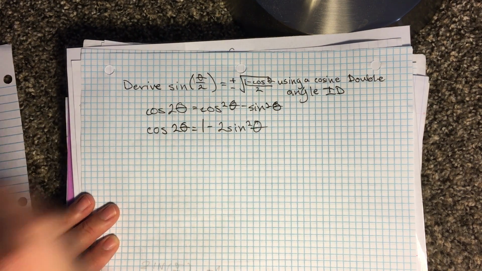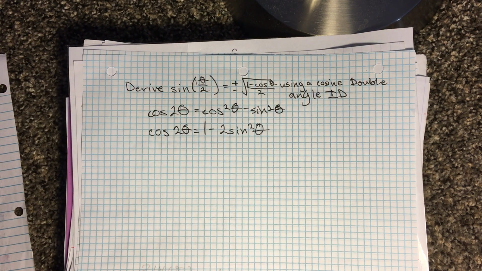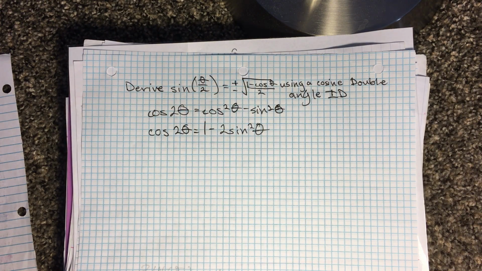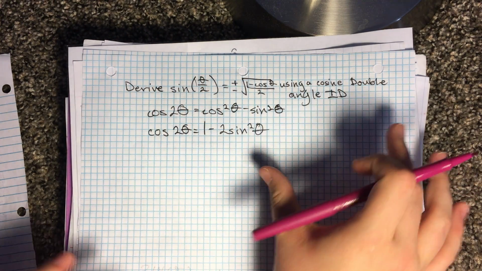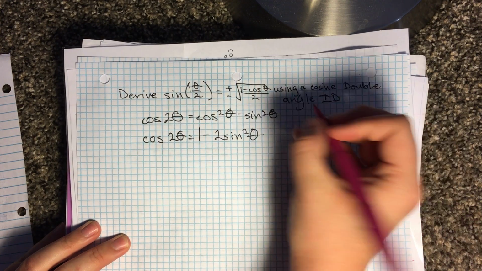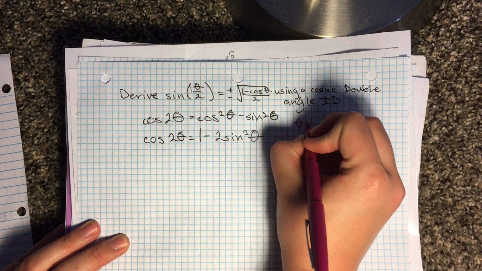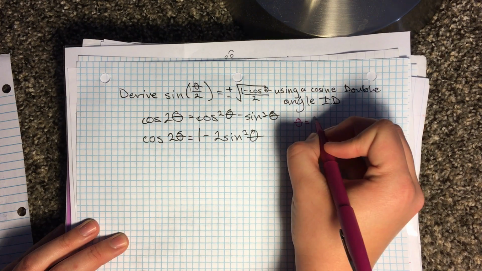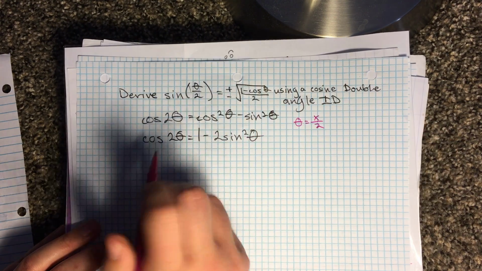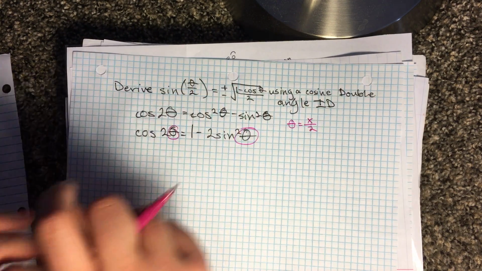First thing I'm going to do is use different colors, in homage to Mr. Leach because he really likes his colors. I'm going to say theta equals x over 2, and we're going to replace these with x over 2.